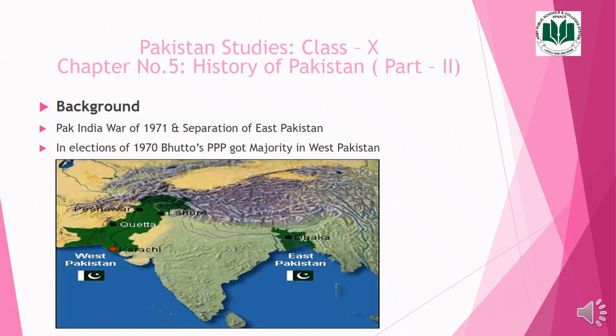In the elections of 1970, Sheikh Mujibur Rahman of Awami League won the majority of seats in East Pakistan. On the other hand, Zulfikar Ali Bhutto of Pakistan People's Party got the majority in West Pakistan. No consensus developed to form the central government.